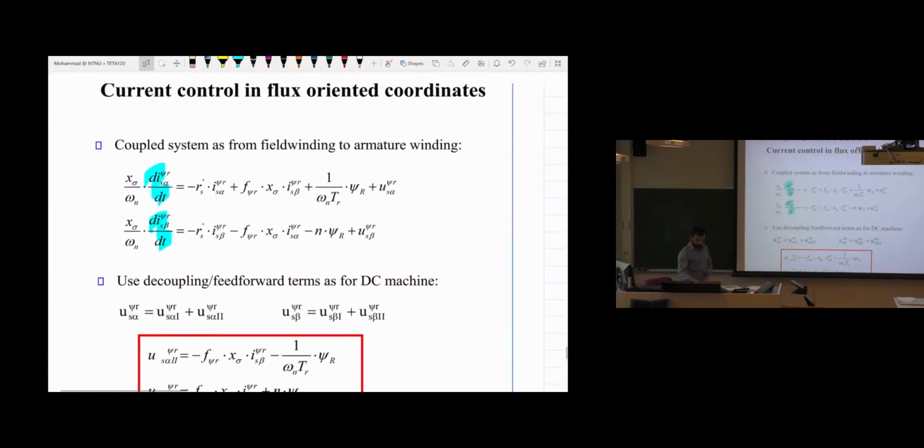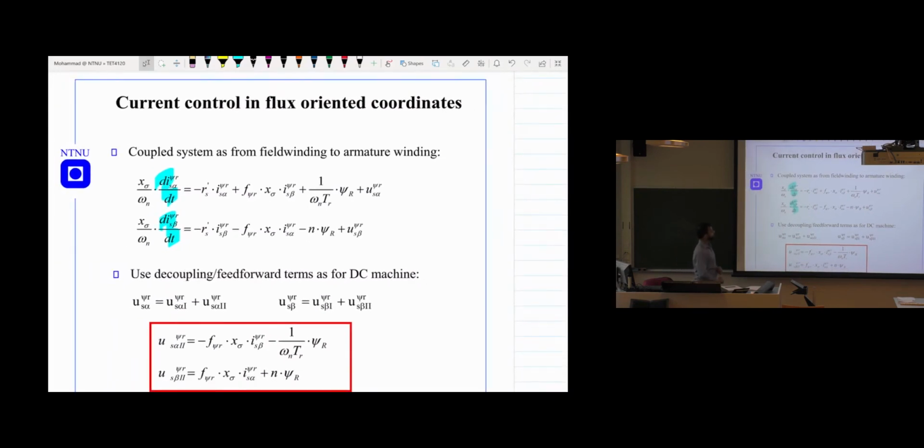To implement the current controller, we need to look at the differential equation of the current. Here we have the alpha axis current, but we have one beta component. This is the cross coupling term, which causes a disturbance. Similarly, in the beta axis current, we have one alpha component of current.